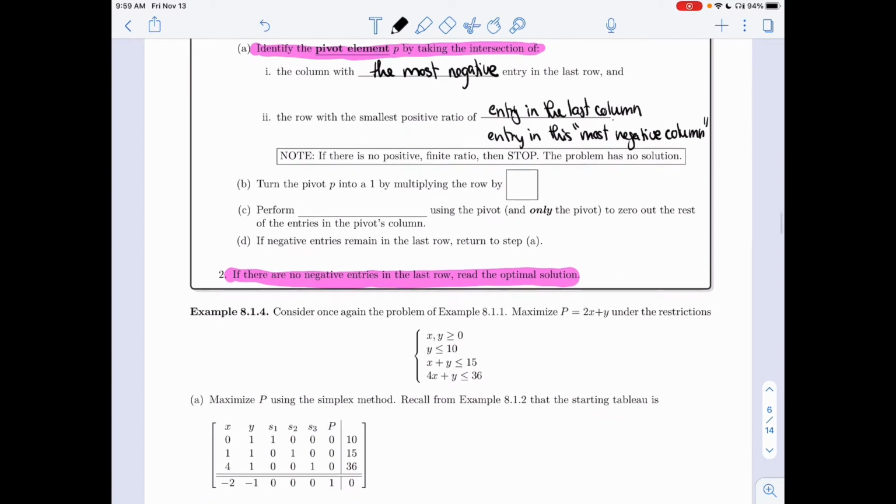All right, so you look at all these ratios and you find the one that's smallest and positive. And just know if there are no positive finite ratio, then you stop. That means the problem has no optimal solution.